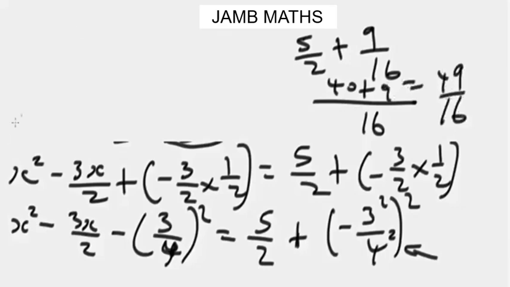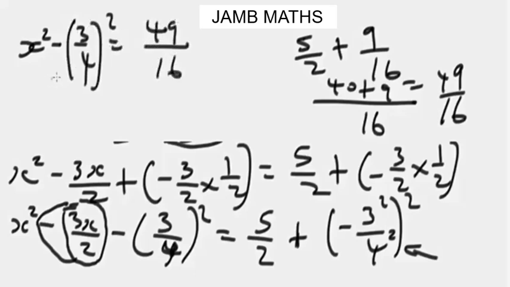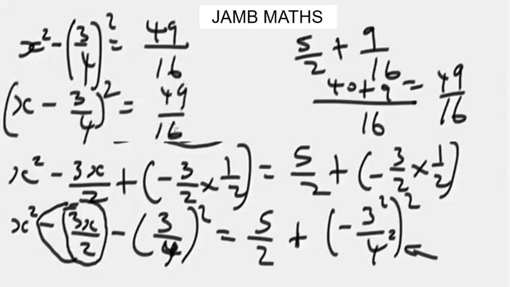Still remember that we are using the completing the square method. At this juncture, we can neglect the sign, and we have (x - 3/4)² = 49/16.